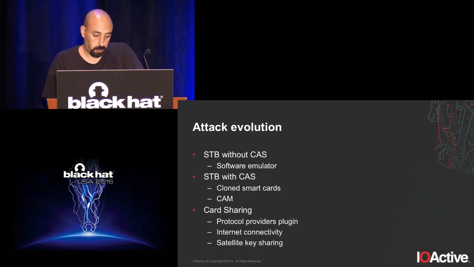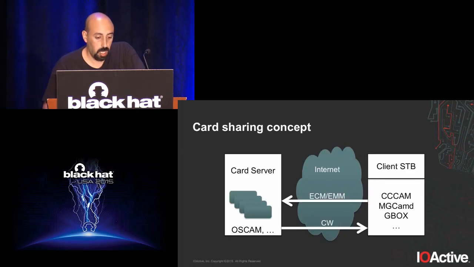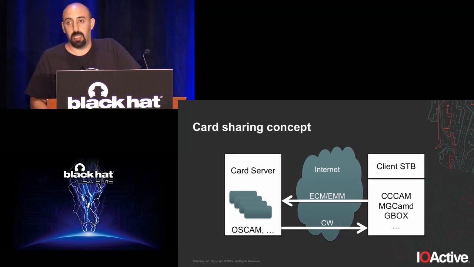The general concept is based on two components. We have the card server, which is either a server or an open satellite receiver that works as a server. It has many official cards linked and connected to it.